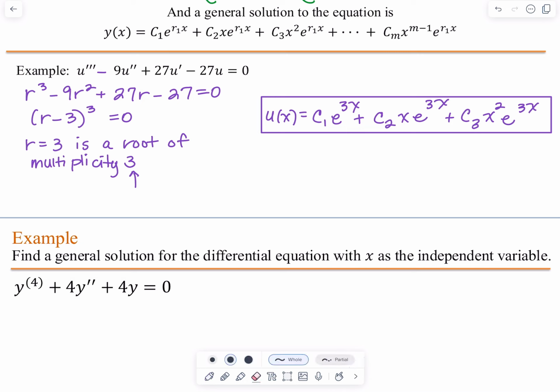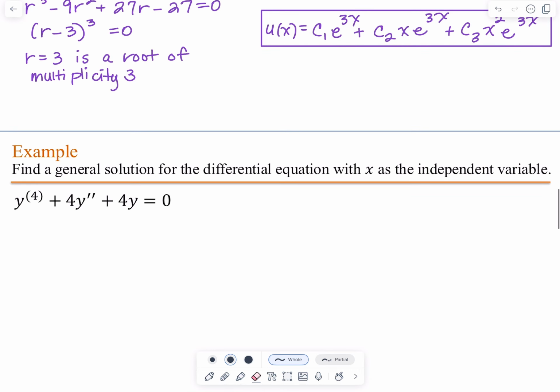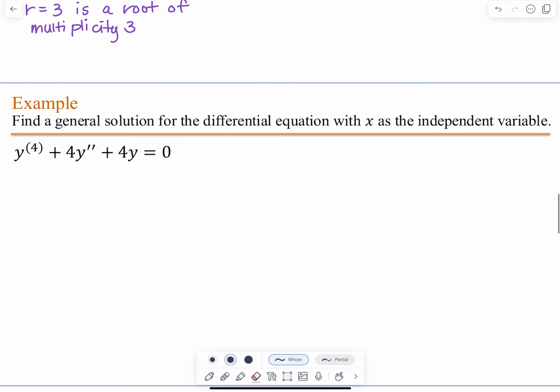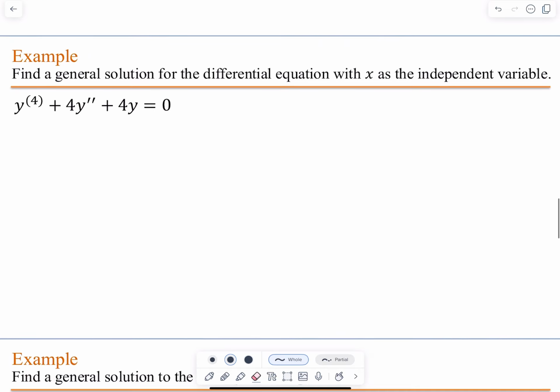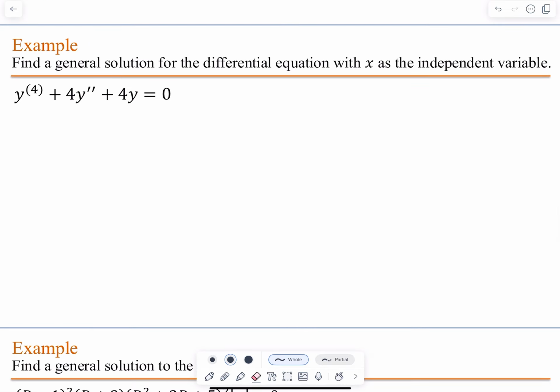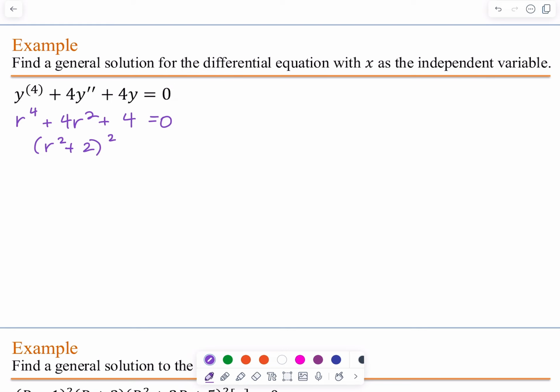Okay, so now let's go ahead and look at another example. Find a general solution for the differential equation with x as the independent variable. We can go ahead and write our auxiliary equation. We have r to the 4th plus 4r squared plus 4 is equal to 0. And of course, we can factor that as r squared plus 2 all squared equal to 0.